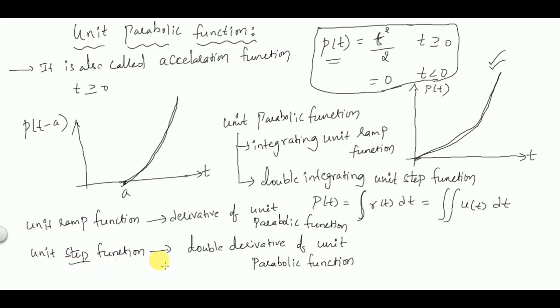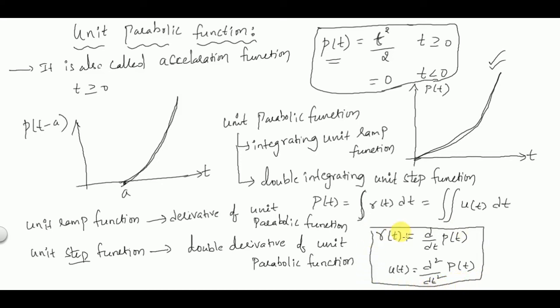If you represent it mathematically, r of t is equal to d by dt of p of t, and similarly u of t is equal to d square by dt square of p of t. Okay, so this is also the relationship between r of t, u of t and p of t.